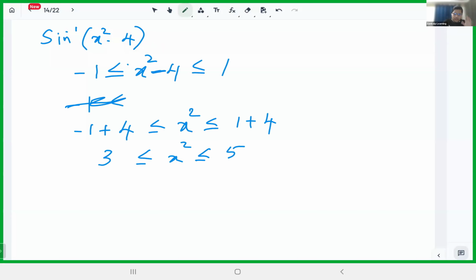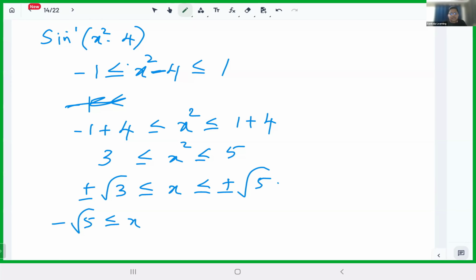Now we need the value of x only, so you should take the root, isn't it? So plus or minus root 3 less than or equal to x less than or equal to plus or minus root 5. How can you write this? Minus root 5 is less than minus root 3, so you should write minus root 5 less than or equal to x less than or equal to minus root 3, and root 3 less than or equal to x less than or equal to root 5.